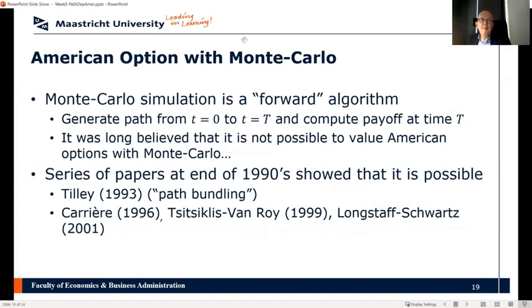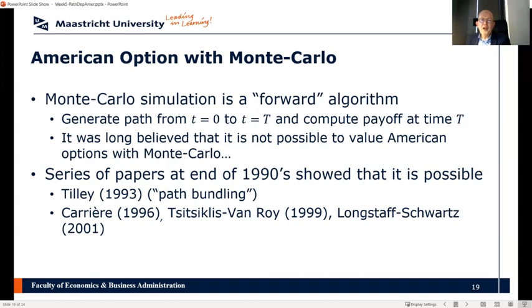So can we do American style options with Monte Carlo? The problem is, or initially it seems, that Monte Carlo is a forward type of algorithm. I start at time 0, and then I'm generating one single path going forward in time. And then along this one path, I can compute my payoff at the end.